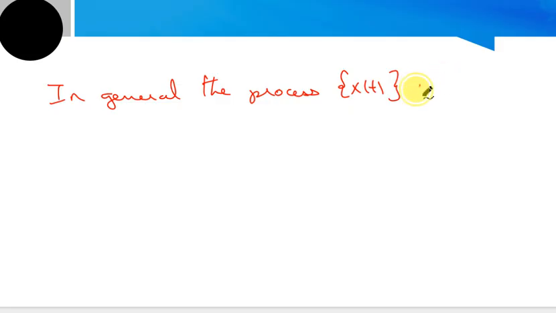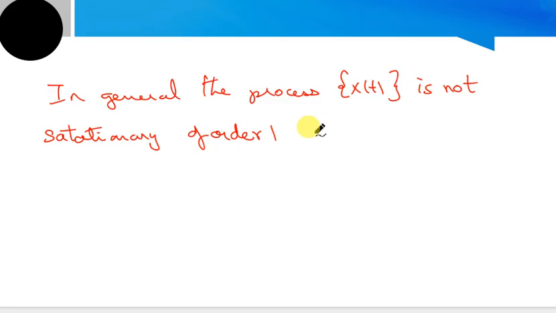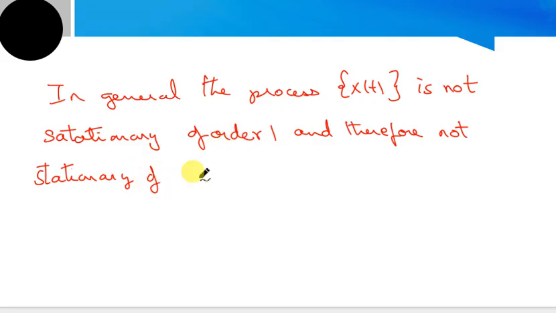So, in general, the process x of t is not stationary of order 1, and therefore not stationary of any higher order densities.